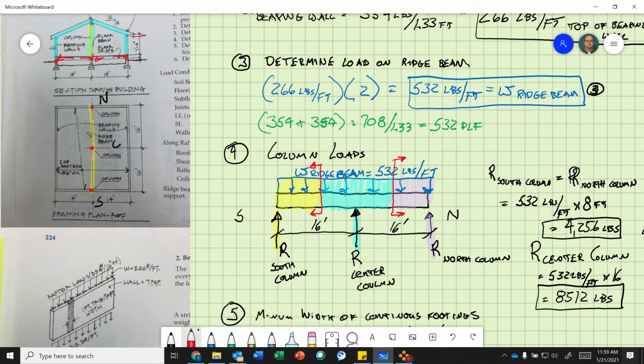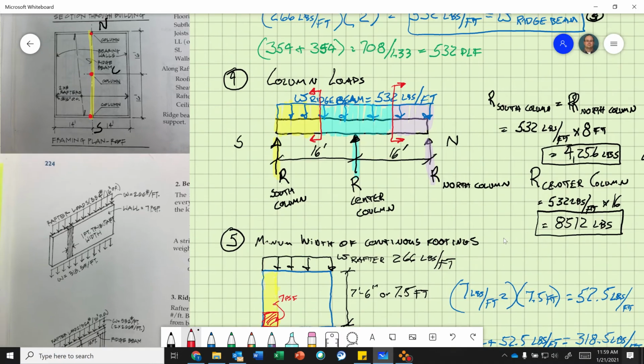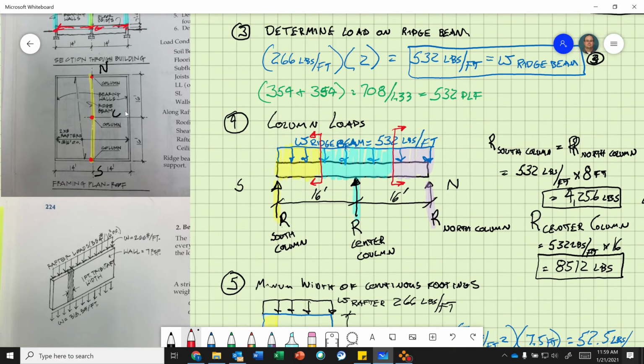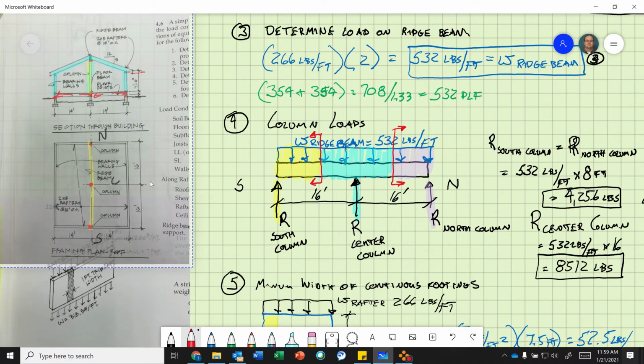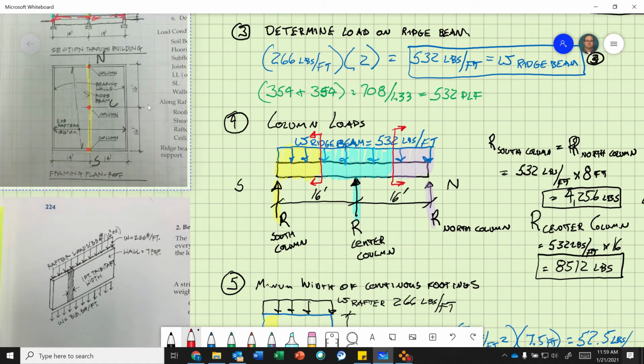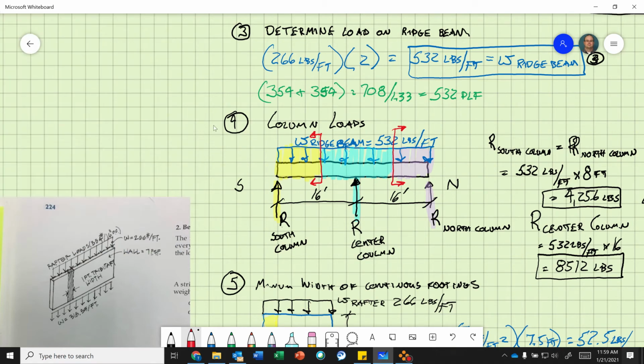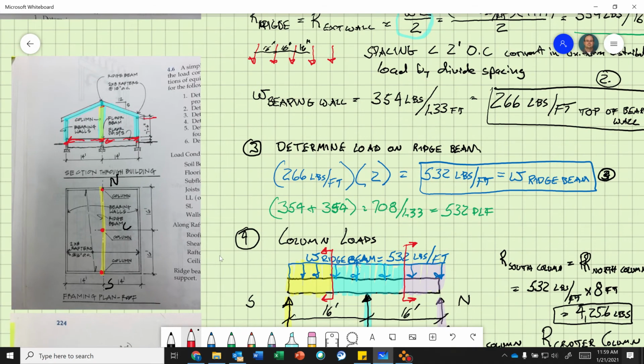We got the floor loads, that's the flat floor load. So we have to calculate the load per floor joist. We have to figure out what our floor joists are and their spacing to figure out our tributary width. Okay, let's see if it's in this diagram. Floor joists, rafters.